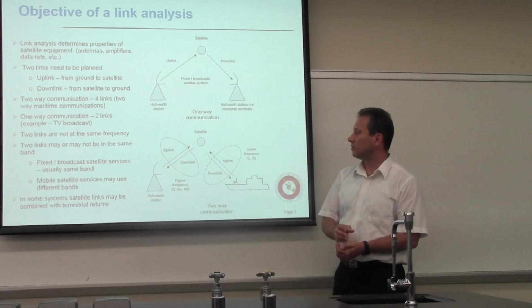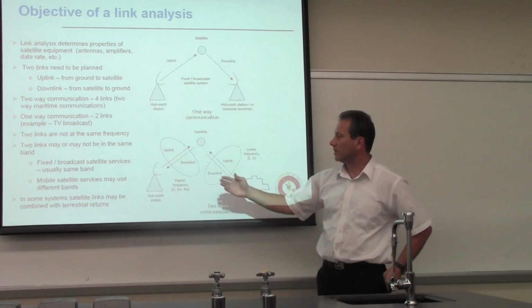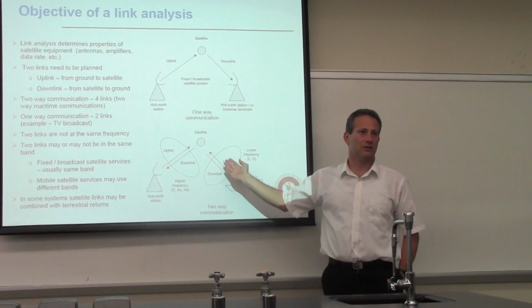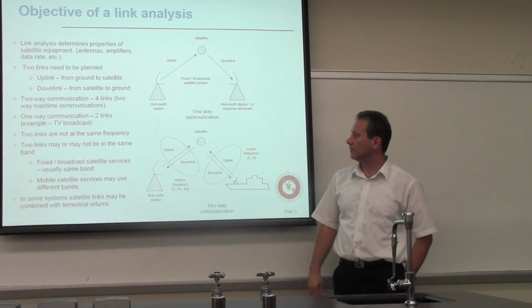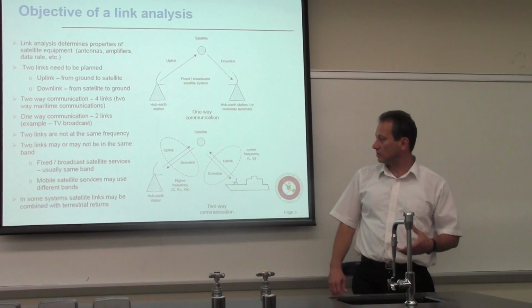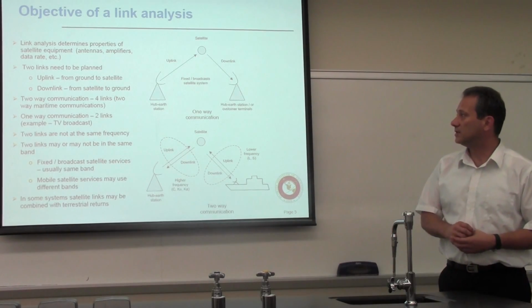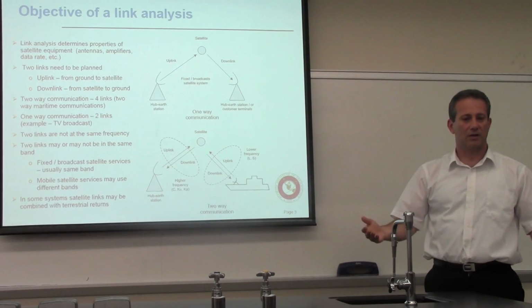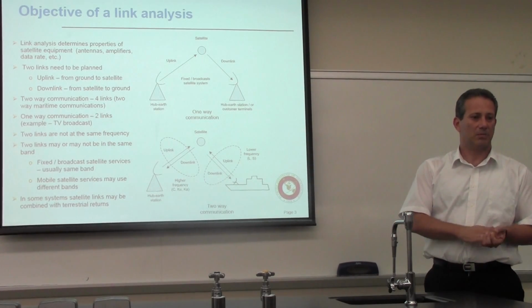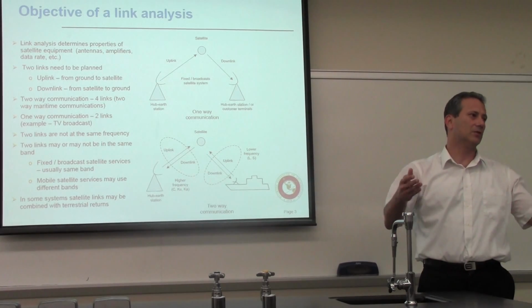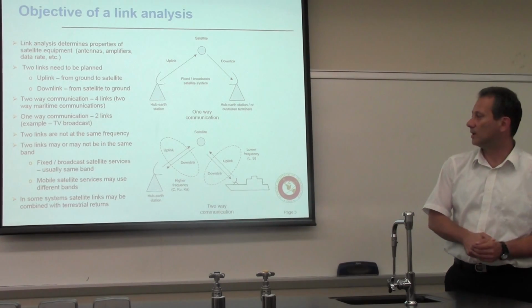So that comes into play quite a bit, because, for example, you may have rain in this area but not raining here, and vice versa, or you can have asymmetry in those two links. The job of link design is to properly select all the components, to do the calculations, and to predict the performance of these links before you put the satellite in orbit, because after you put it in orbit, very little can be changed.